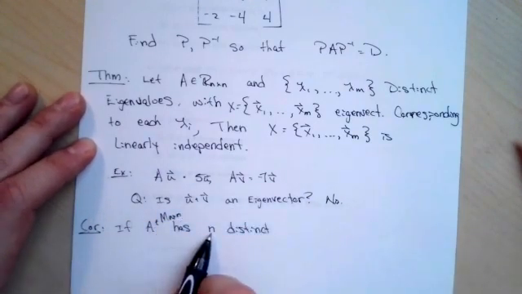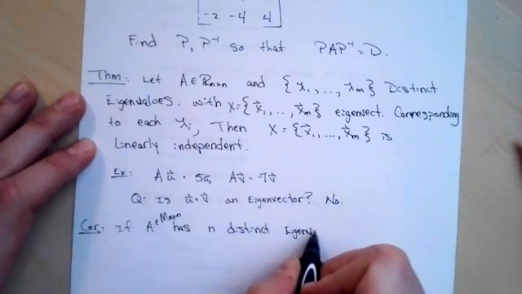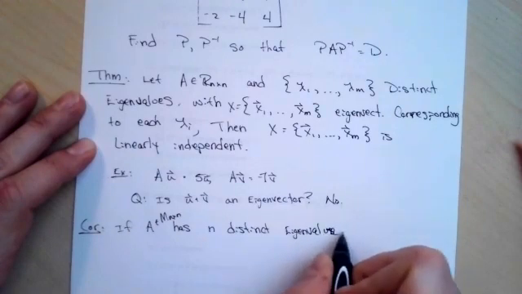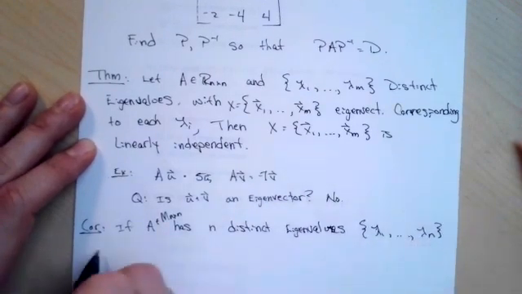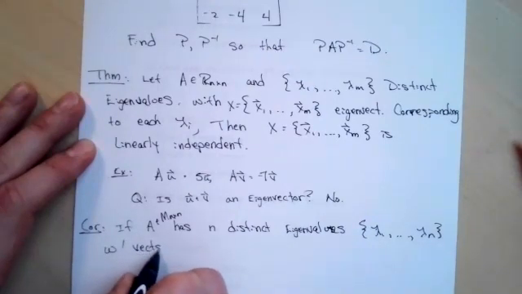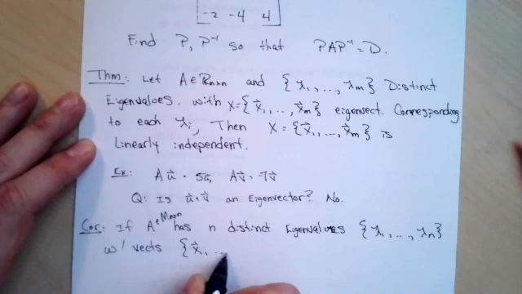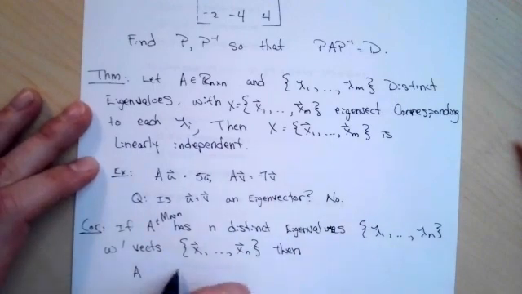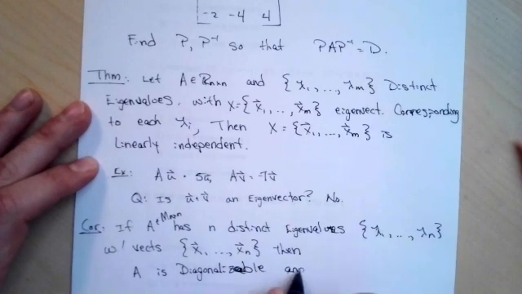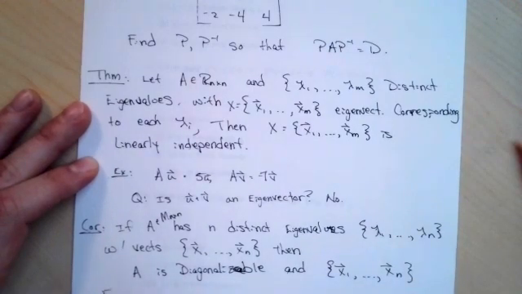So if we have fully n distinct eigenvalues, lambda 1 up to lambda n, with eigenvectors x1 up to xn, then A is diagonalizable, and the set of eigenvectors forms a basis.